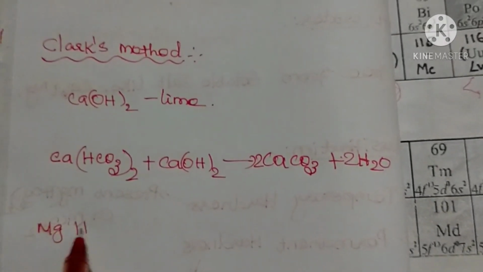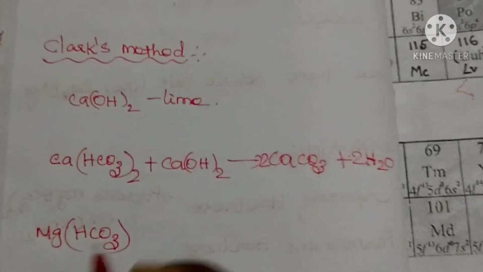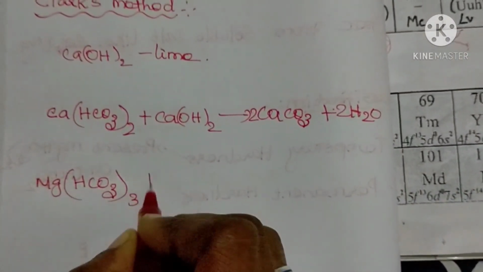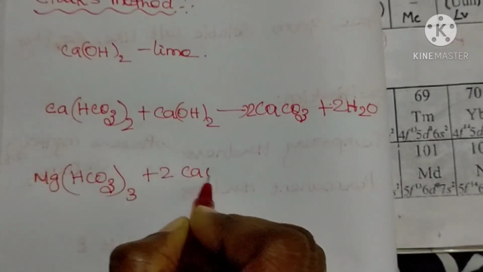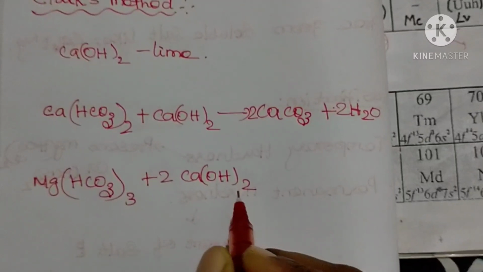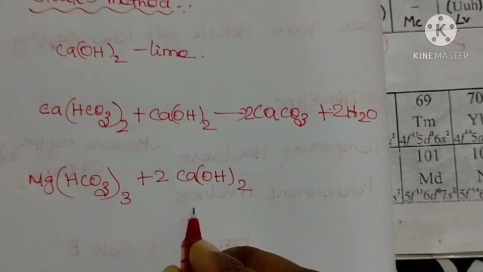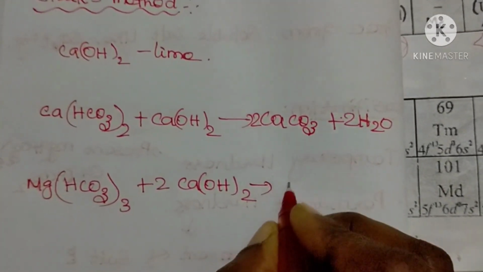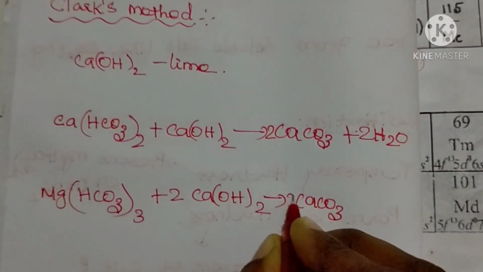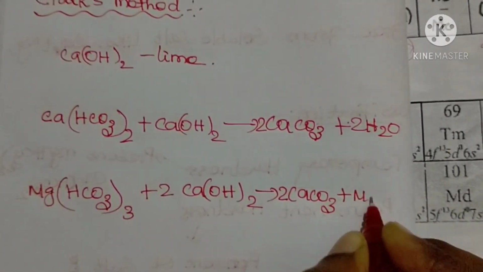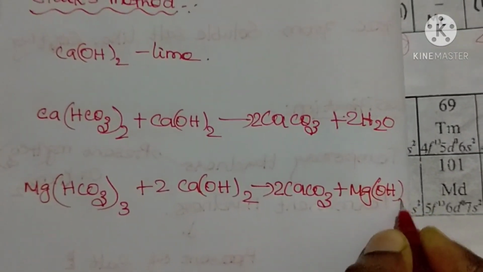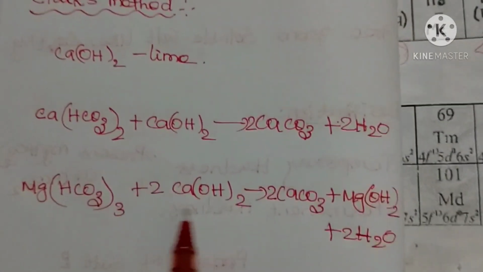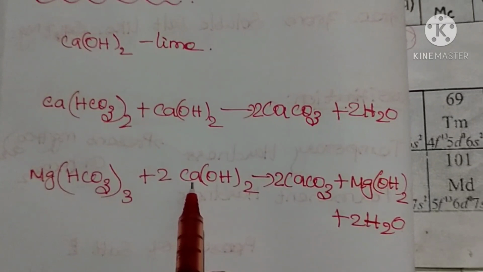As with calcium bicarbonate, magnesium bicarbonate also undergoes removal of hardness by Clark's method, by treating this magnesium bicarbonate with lime, calcium hydroxide, 2 molecules. Treating these both, it forms calcium carbonate 2 molecules, magnesium hydroxide and 2 molecules of water.